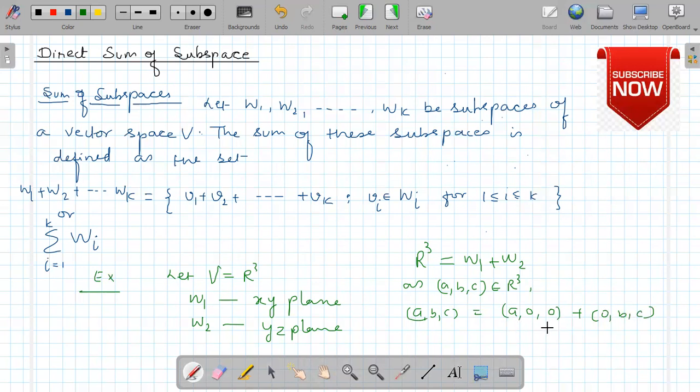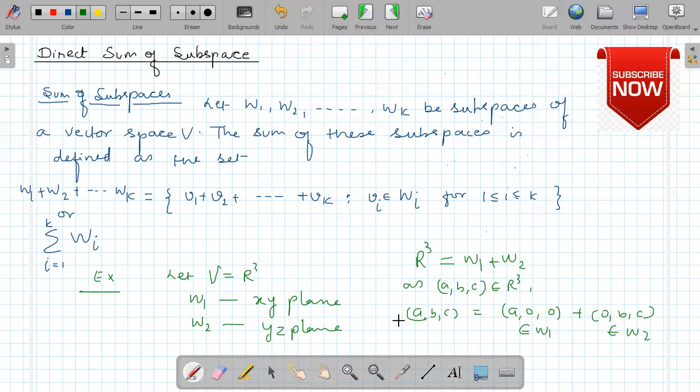This is the vector which belongs to W1, and this is the vector which belongs to W2. So you can write any member of R cube in this way.